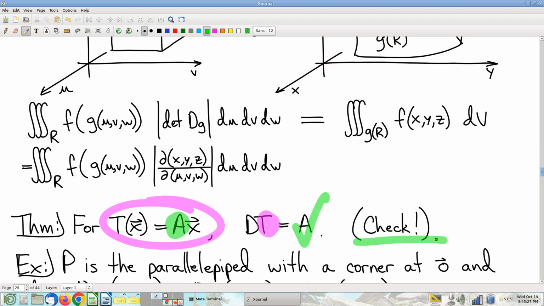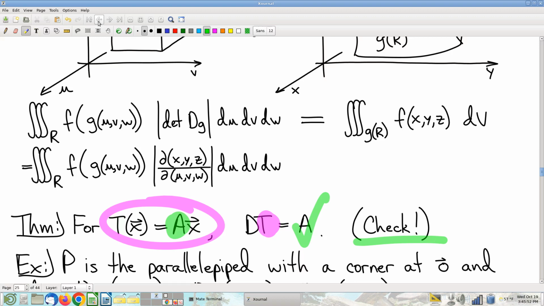You can just write down a matrix, A, B, C, D, E, F, G, H, I. Just make up an arbitrary matrix that defines a linear transformation. Get your formula. Compute the derivative matrix, the various partials. Assemble that matrix, and sure enough, it's going to be A, B, C, D, E, F, G, H, I. Exact same matrix.